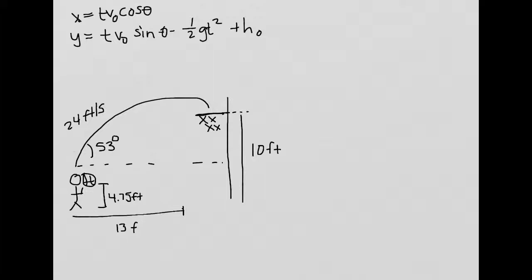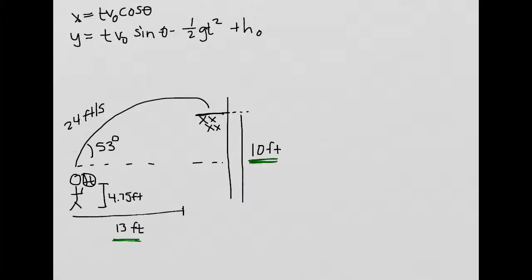To do that, we need to figure out if she achieves the horizontal and the vertical distance at the same time. We want them to be equal to each other, right? Because she has to achieve the horizontal distance of 13 feet at the same time that she achieves the vertical distance of 10 feet so that the ball goes into that basket.